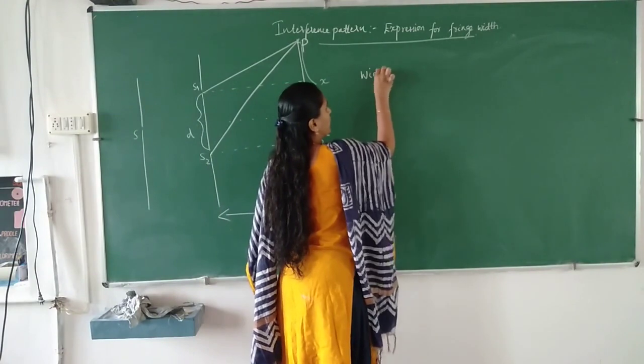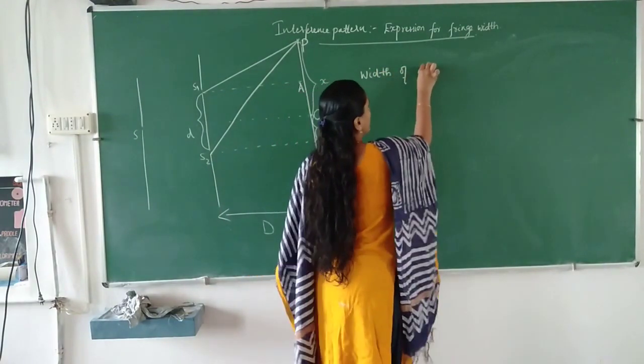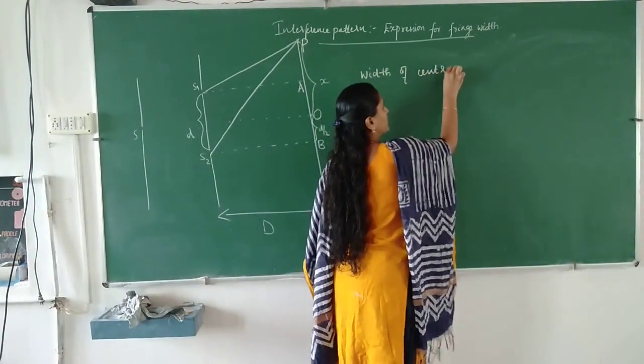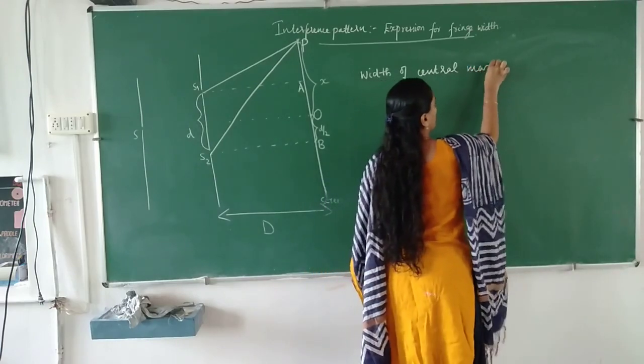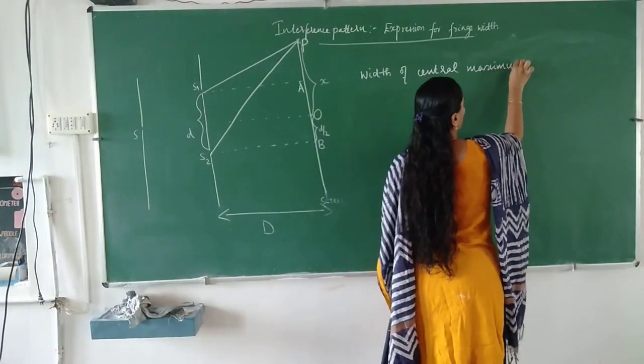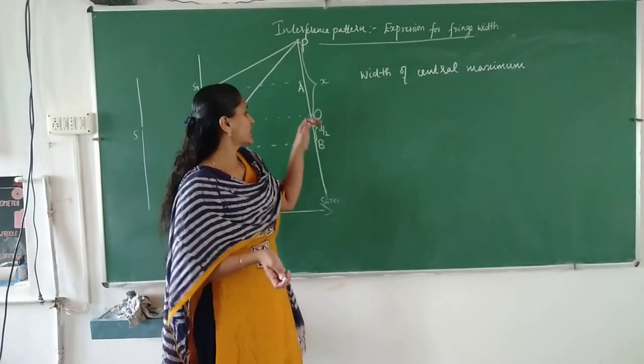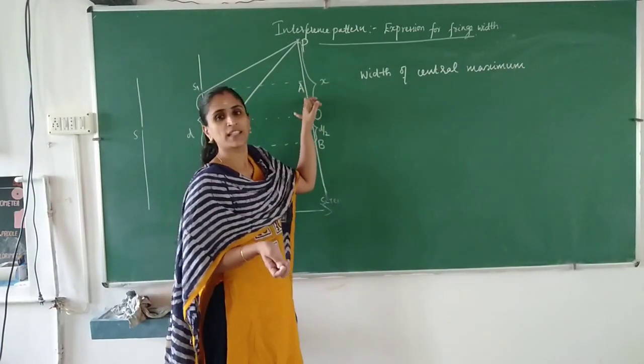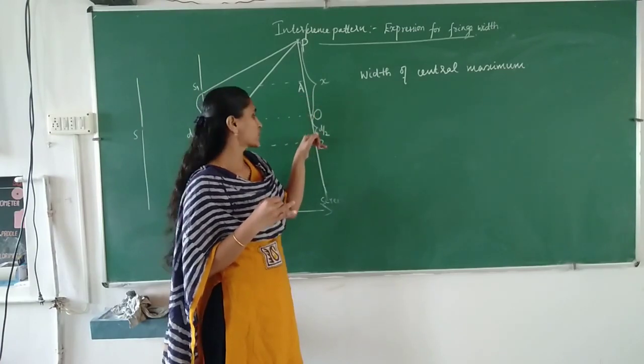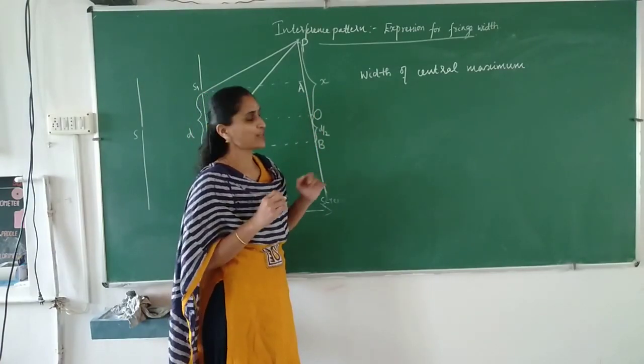Now we can find the width of the central maximum. So what is the width of the central maximum? Here on one side, the first dark point will be there, and here also the first dark point will be there. What is the condition for a dark point?